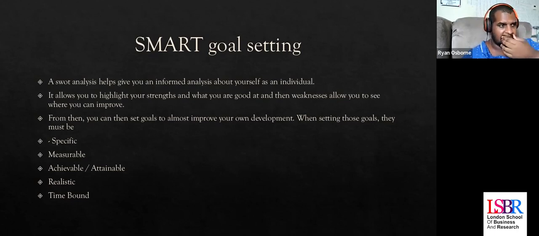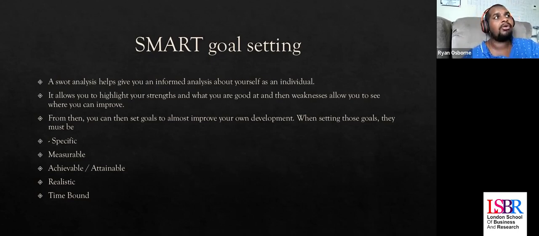Because you've got a particular goal in mind, you've got the resources as well, you've got your options lined up, and you've put together an action plan. That will help you inform whether it is realistic or not.